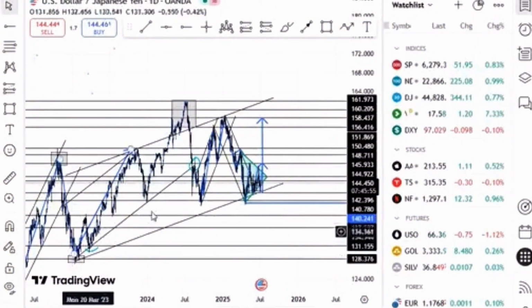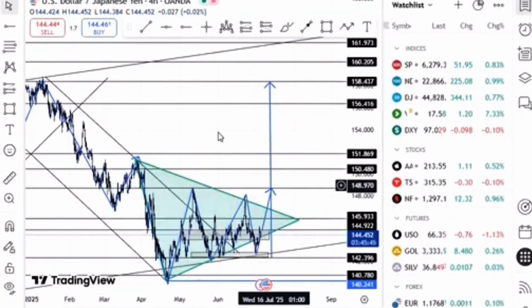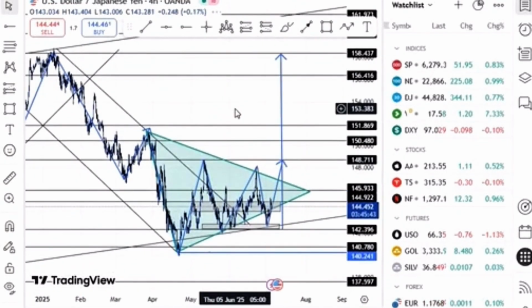So following this overall market structure, which is a bullish market structure, we can go back to the 4-hour time frame. Going back to the 4-hour time frame, we are following what we know now. Now we know the market condition, the market direction, and everything about the market, right? We know everything we have to know.